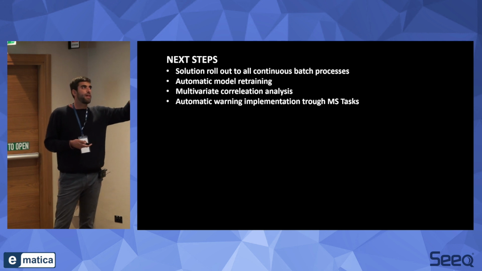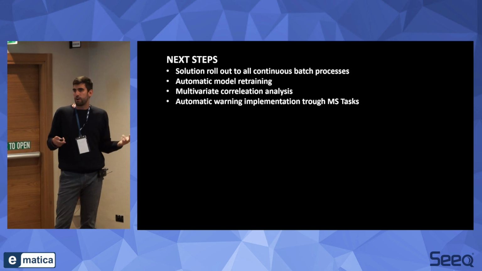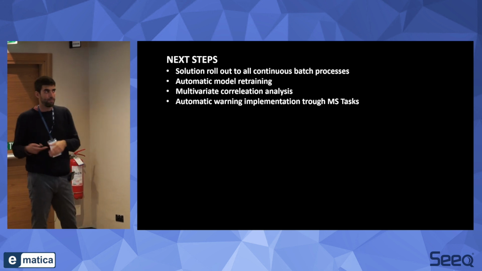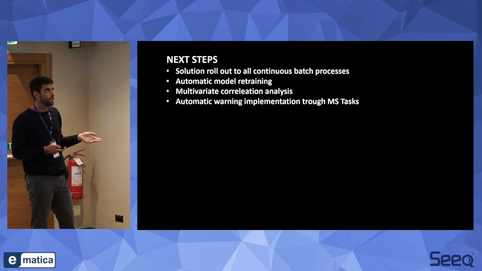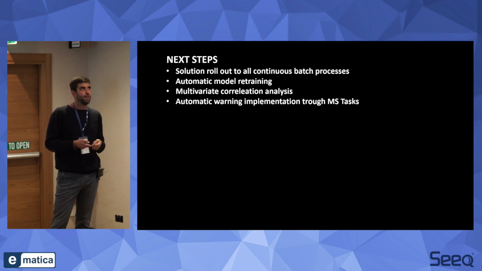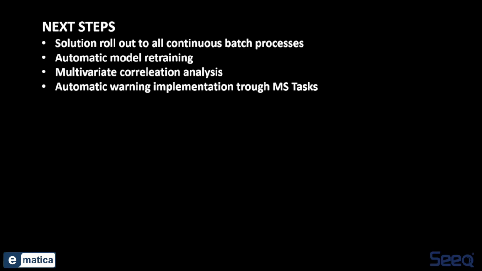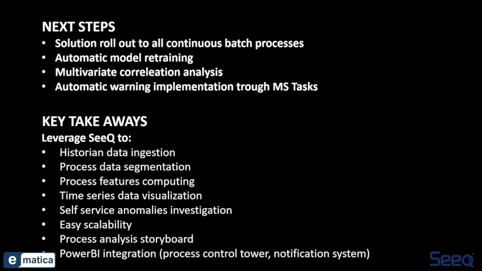The third point is a multivariate correlation analysis that we carry out for alarms, for warnings, for performance, for example. And the fourth point is new for us, because we just acquired a new version of Seeq, so now we're able to have an automatic warning implementation through MS Tasks, so on Microsoft. Now, I haven't done it personally yet, but yesterday we tried it.